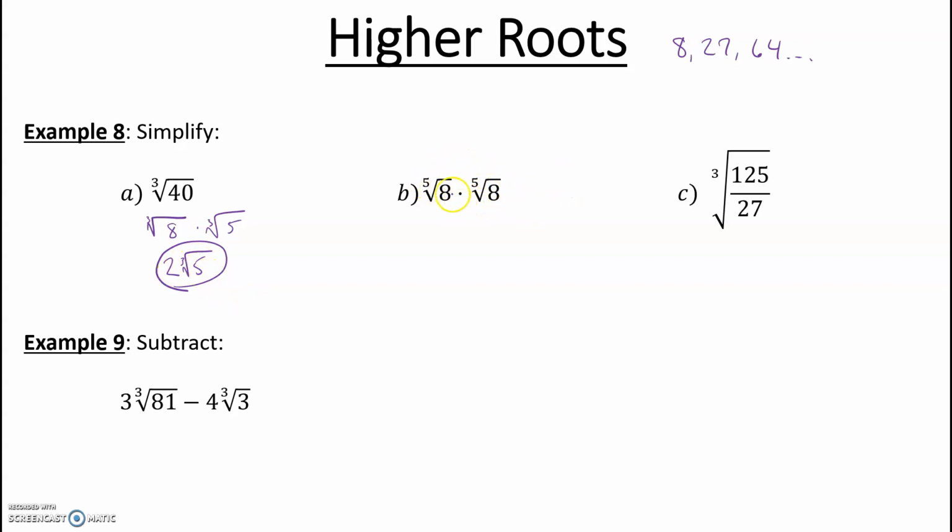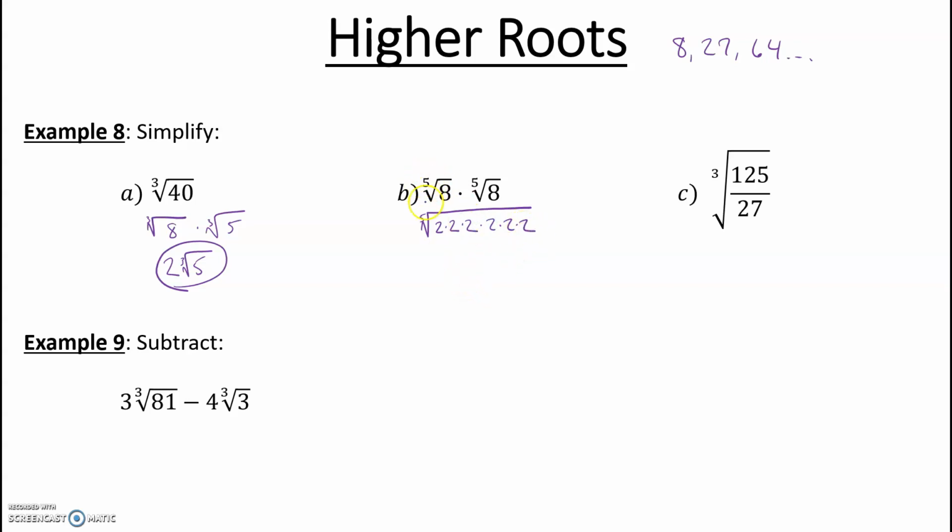Fifth root, now with a fifth root, you're looking for groups of 5. So if you wanted to, you could write this, let's put all these under 1, as 2s. So 8 is 2 times 2 times 2, and then 8 is 2 times 2 times 2.